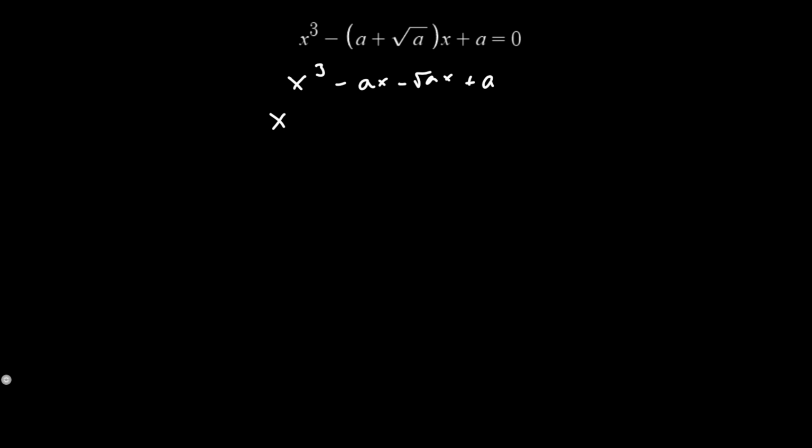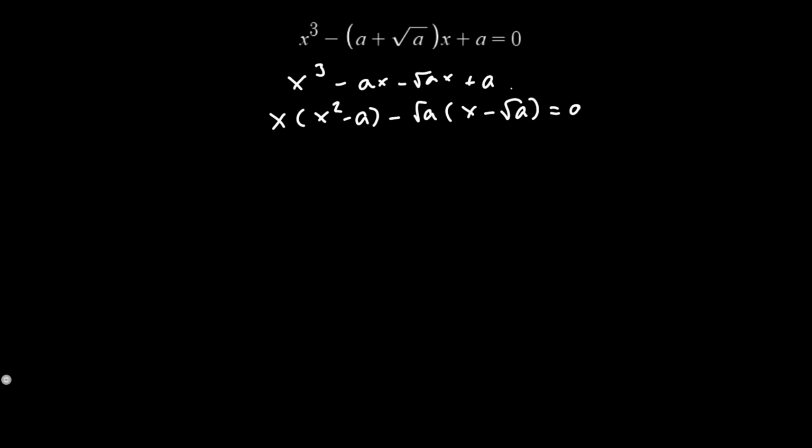So we will have x times x squared minus a, and then minus root a x plus a. If we factor out a root a, we will have root a times x minus root a.